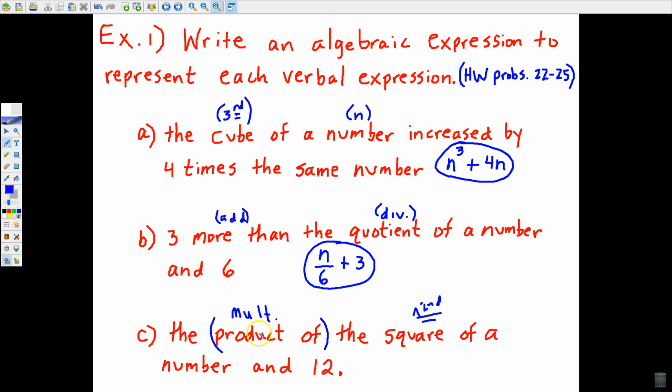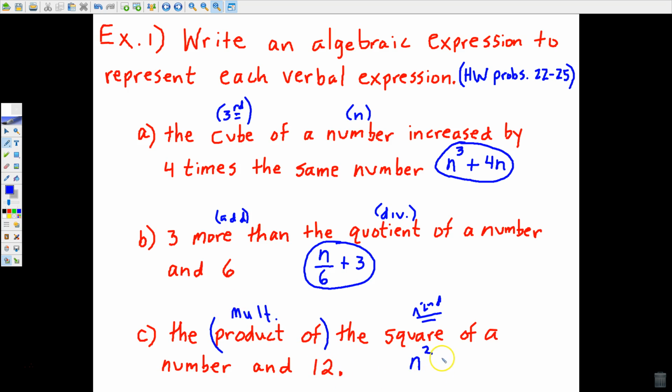The product of, multiplication; the square of, raising something, in this case a number, to the second power. So let's put it all together. The product of the square of a number, that number squared, and then this number squared needs to be multiplied by 12.